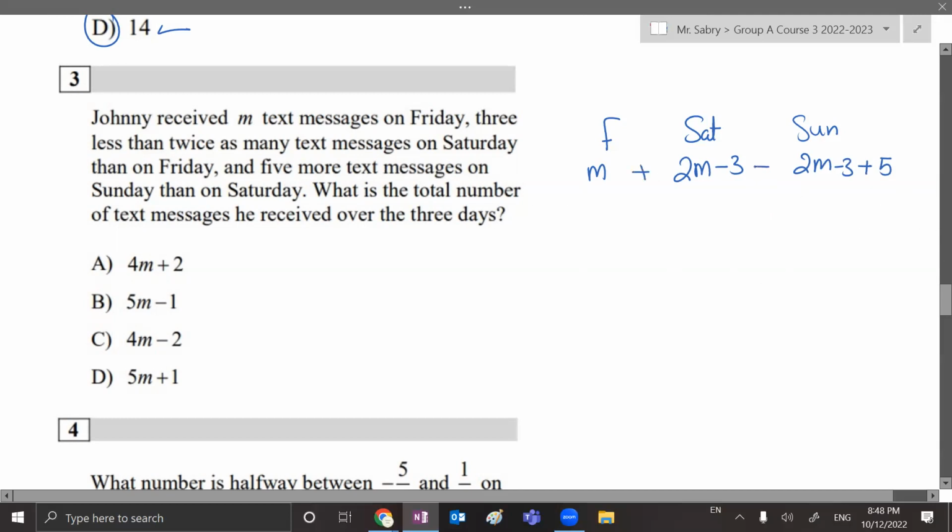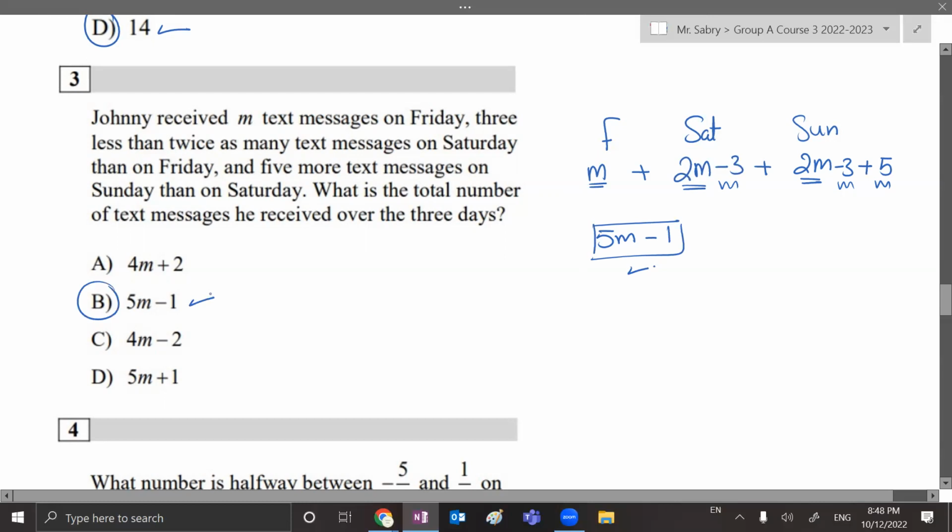I just need to add all of those together. So I have like terms M and 2M and 2M as well, that's 5M. I have negative 3 and negative 3, that's negative 6, and plus 5, that's negative 1. So 5M minus 1 is the total number of text messages that they sent on the 3 days.